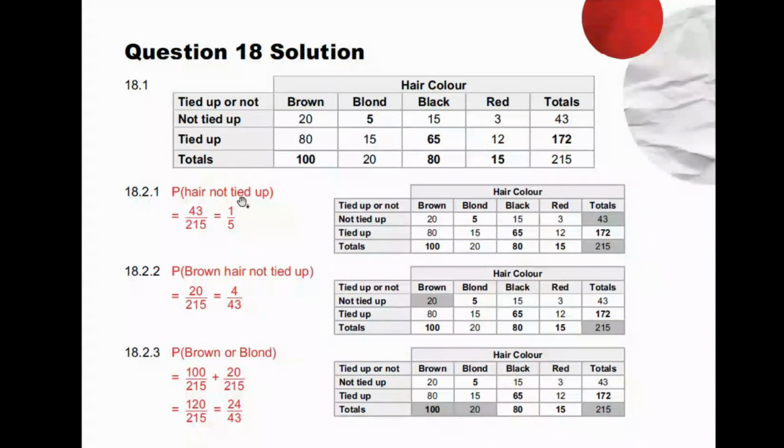So the hair not tied up is the entire row, 43, out of the total, and simplify. Brown hair not tied up is 20 over the total. Brown or blonde is 100 plus 20 over the total.